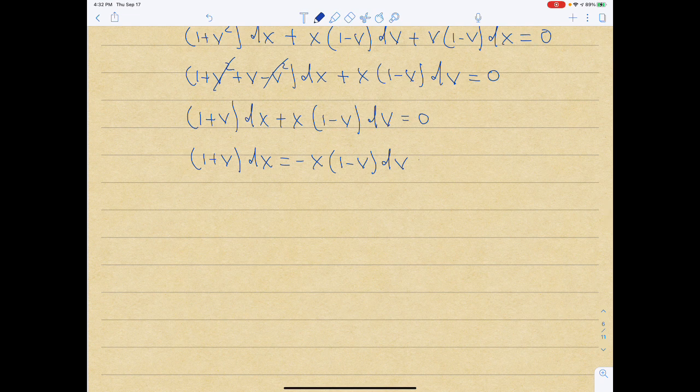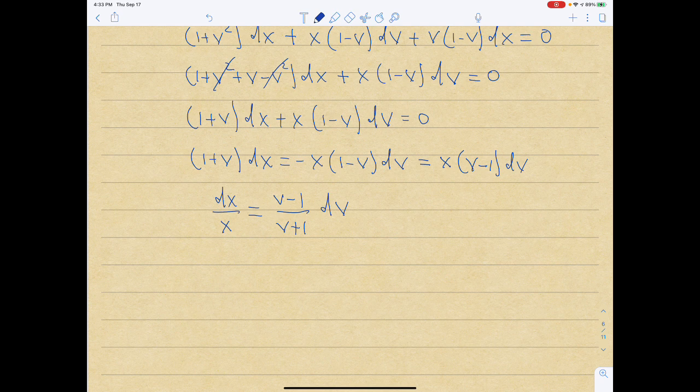By the way, minus (1 minus v) is actually v minus 1. So dividing by x and dividing by 1 plus v, I have dx over x is equal to (v minus 1) over (v plus 1) times dv.